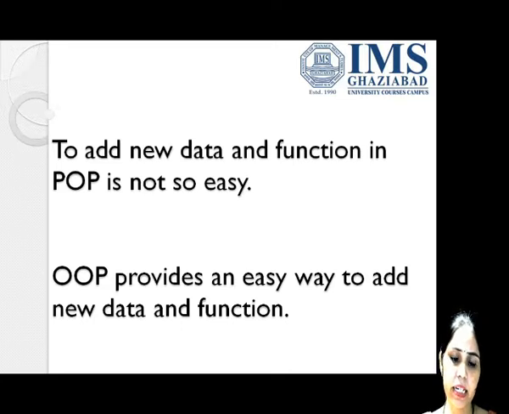In POP, it is not an easy task to add new data and functions, because once we have made a project, we have made a program, the program needs to be tested before implementation. And once a program is tested and the requirement changes, we need to have certain changes in the program. What are the various changes that we can do? We can change the functions.